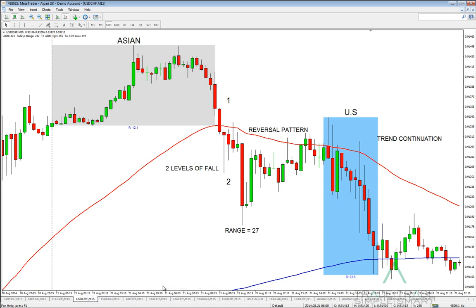In our second example, we're looking at the dollar versus the Swiss, and again we have the same scenario but in reverse.